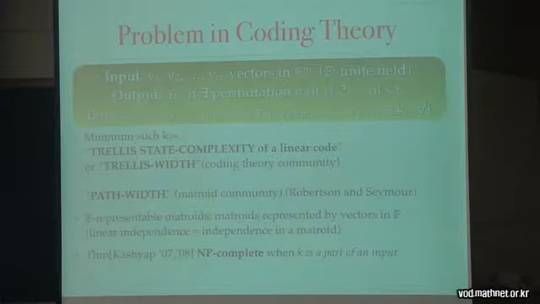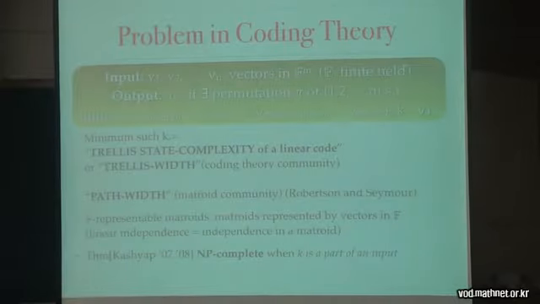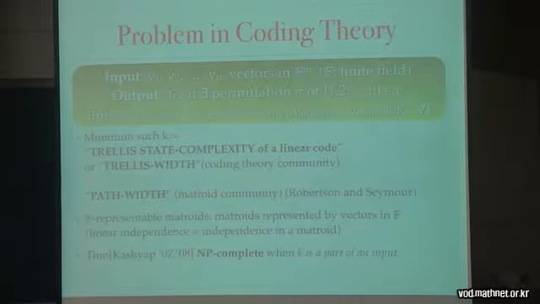This has been studied since Robertson and Seymour, who defined the path width of graphs and later generalized it to matroids. Basically, for a matroid representable over some finite field F, you can think of it as just n vectors in a vector space over F.